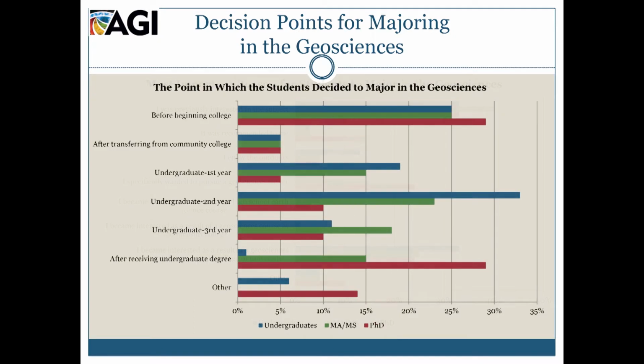And this goes well with the other question we asked, the point at which the students decided to major in the geosciences. If you see our undergraduates, a lot of them decided to major either before beginning college or during their first and second year of undergraduate. The master's students were kind of across the board on decision making, but I thought it'd be interesting to point out that we had quite a high percentage of PhD students that decided to major in the geosciences after receiving their undergraduate degree, as well as before beginning college.